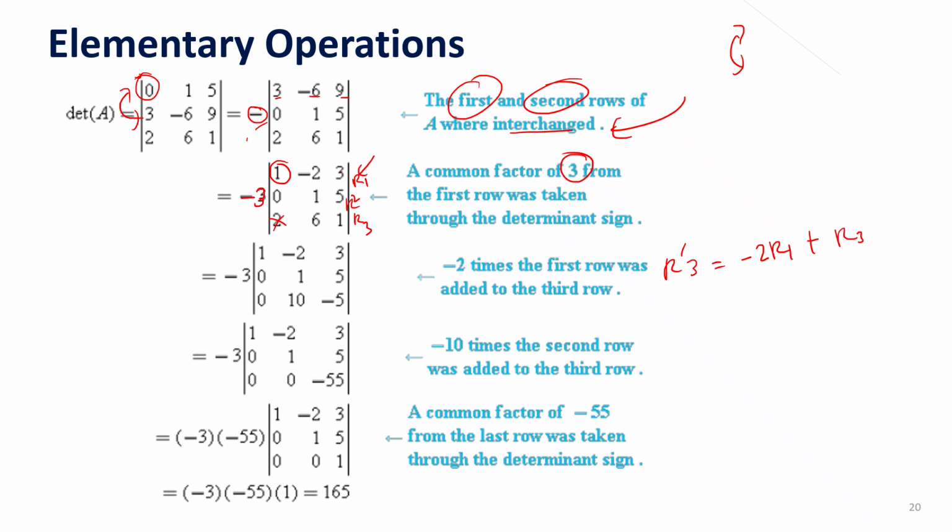So you have 1 multiplied by minus 2, minus 2; minus 2 multiplied by minus 2, 4; minus 2 multiplied by 3, minus 6; plus 2, 6, 1, gives 0, 10, minus 5. And remember, multiplying a row and adding it to another row is not going to change the determinant. So no change here, right?